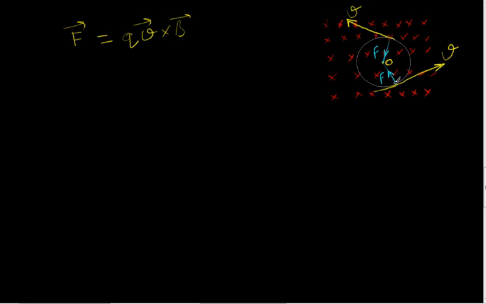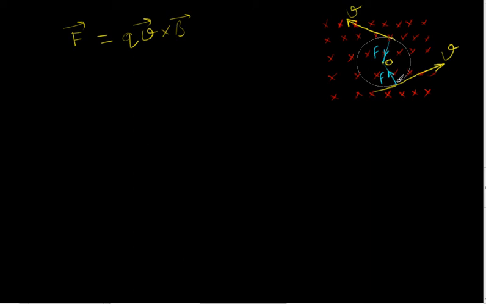It will experience some force. First we need to find the angle between this velocity vector and this magnetic vector. The magnetic vector is perpendicular to the surface of the screen, and v is in the surface of the screen.